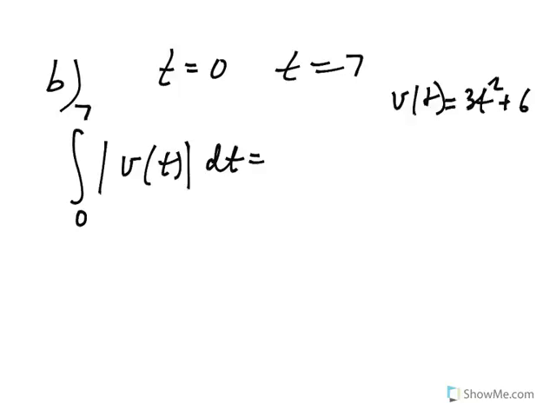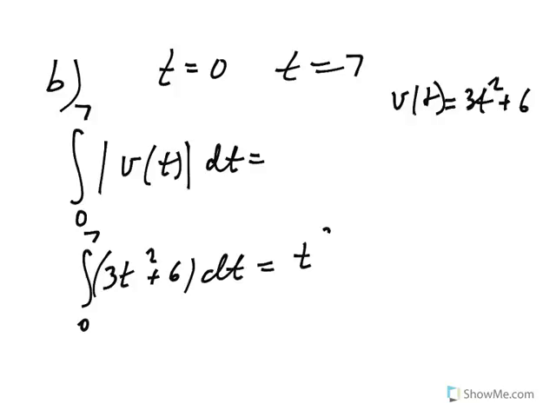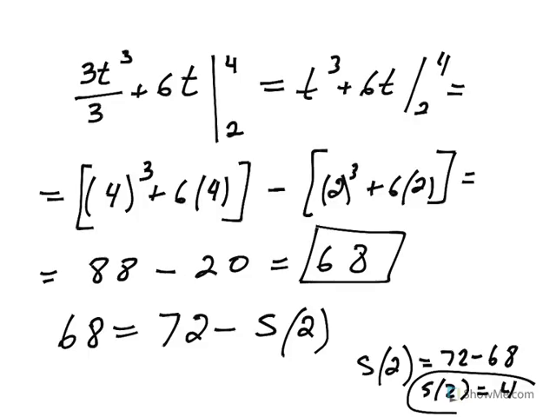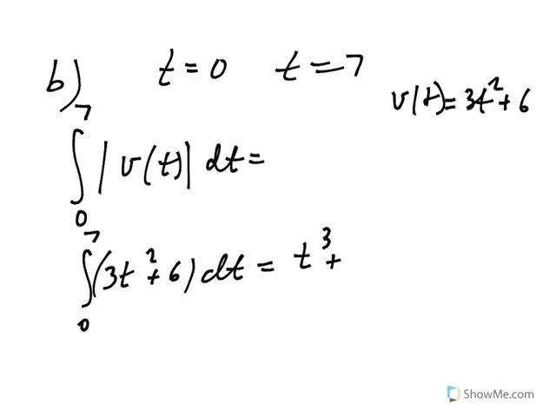So then we ignore the absolute value sign, and you can just integrate from 0 to 7, 3t squared plus 6. And we already did it, remember? It's t cubed plus 6t. It's just the boundaries that are different.